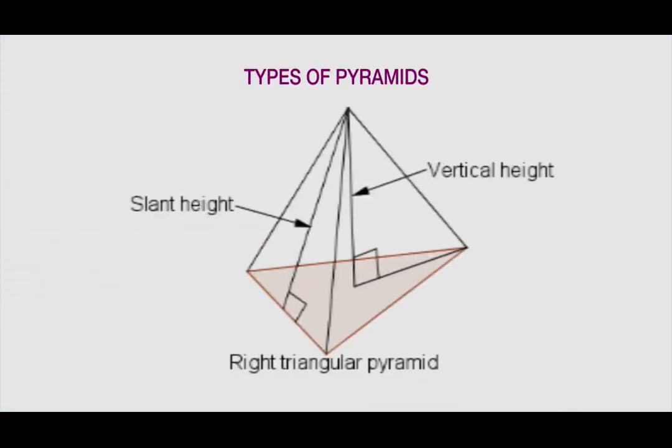This is an example. You can see the base of the pyramid being triangular. A triangular pyramid is also referred to as a tetrahedron. In fact, a regular tetrahedron has 4 equilateral triangles.